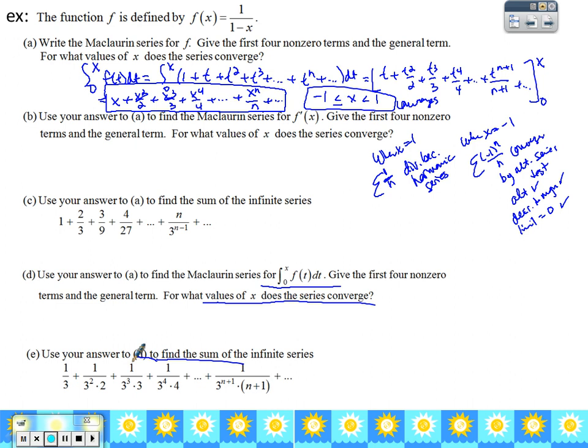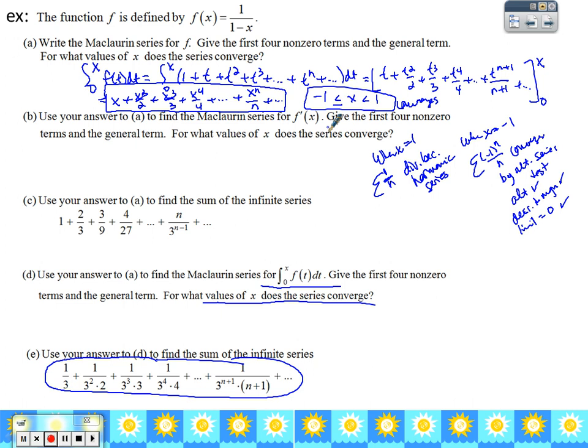Can you tell what this is? Yeah, it's the integral. It's the integral taken, basically, at 1/3. 1/3 is put in the series, right? An x of 1/3. Is 1/3 in the interval? It's in the interval, right? It's right here. It's in the interval, so we're okay.